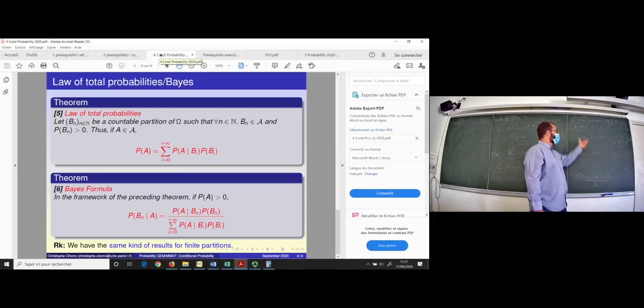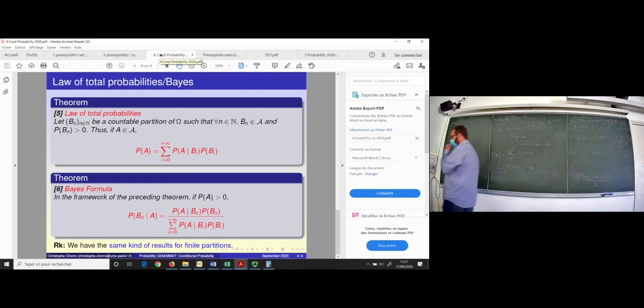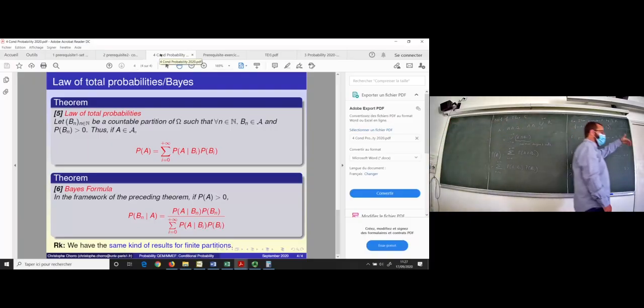Of course, it's not possible to be produced by both; it's meaningless. And I know by the percentages that all the production is done by the 3 factories. I don't have an extra factory, only these 3 and no more. So the 3 events, produced by F1, produced by F2, produced by F3, are in fact a partition of the universe. I can use the law of total probability.